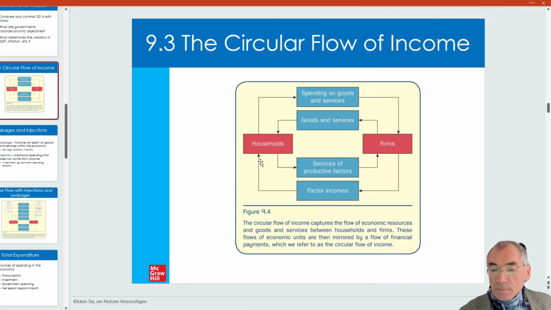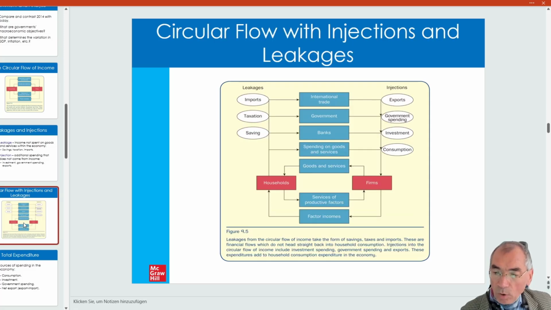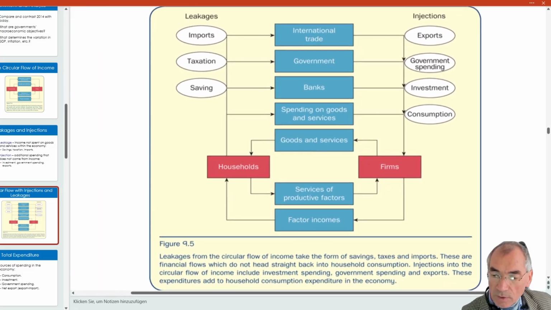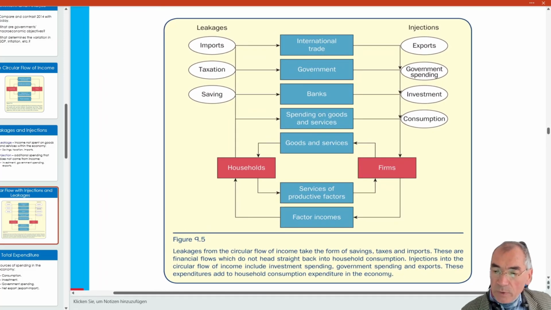We also find this circular flow of income depicted in our book and our presentation, figure 9.4, where you find exactly the things that we have been writing down. So we are on our way to the complete model of the circular flow, and it says here circular flow with injections and leakages. We see that now also other actors, not only the households and the firms, but banks, financial intermediaries, the government, and international trade are taken into account.